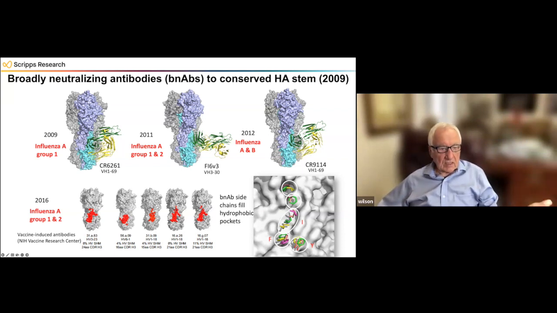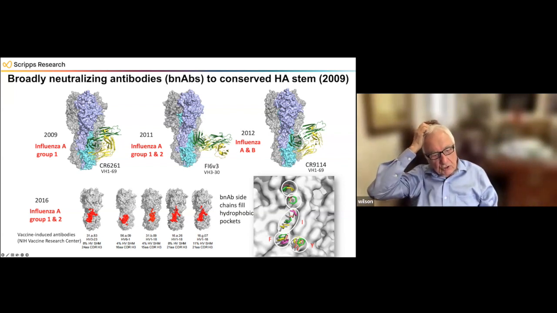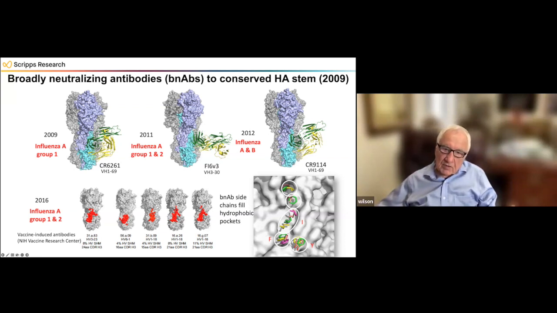And then VRC later showed that they could actually induce antibodies against that site with a vaccine, and this targeted the same site as the antibodies above. What was interesting is that if you look at the tips of the antibodies and the amino acids that make most of the contact, these are the amino acids depicted here, in the tips of the so-called complementarity determining loops, the binding loops of the antibody.